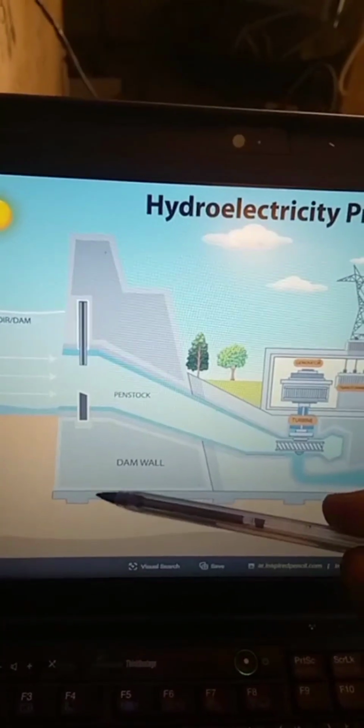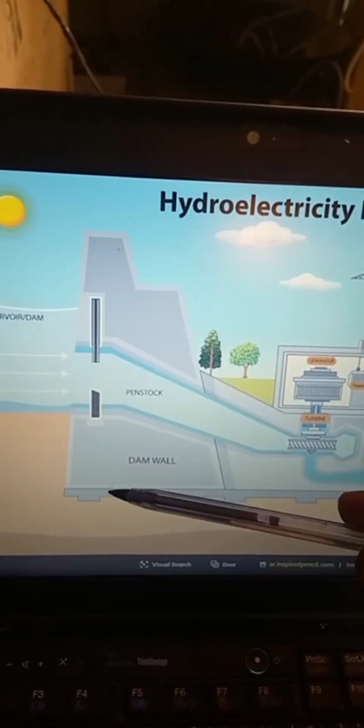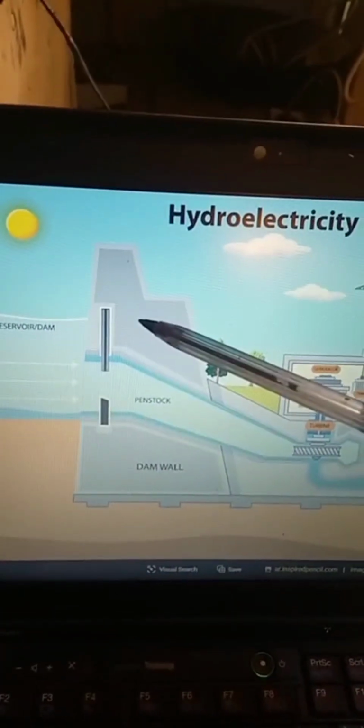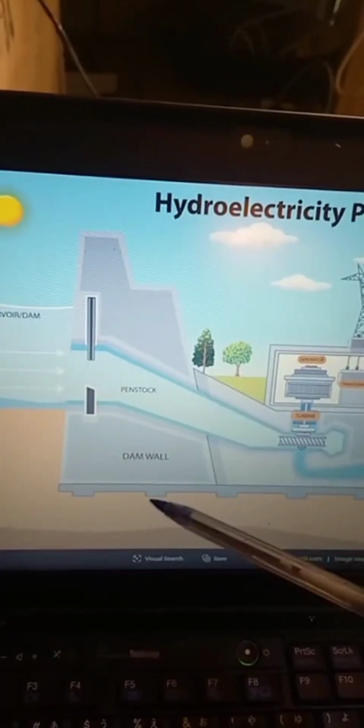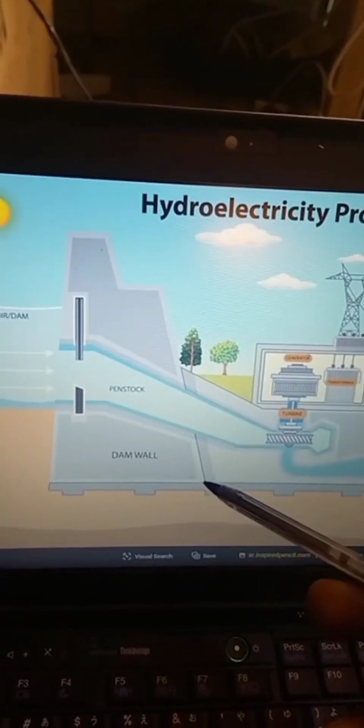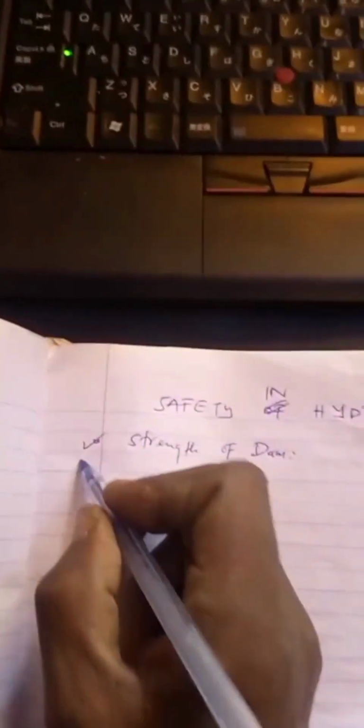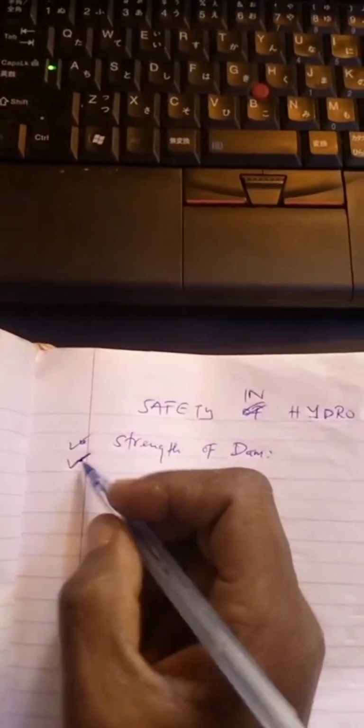Actually, it's assumed to be thrice the pressure that is on top here. So the first precaution is the strength of the dam. That is our first point here. Our second point we should consider is the strength of the penstock.